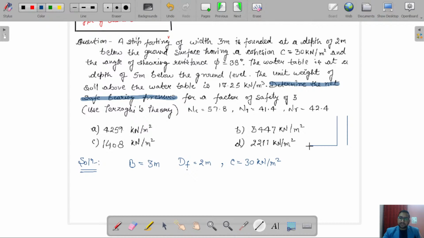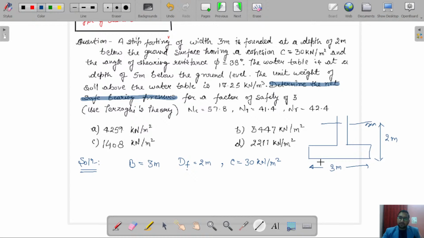Let me draw this situation. This is our foundation, having a width equal to 3 meters. Suppose this is the ground level. The depth of foundation is 2 meters.